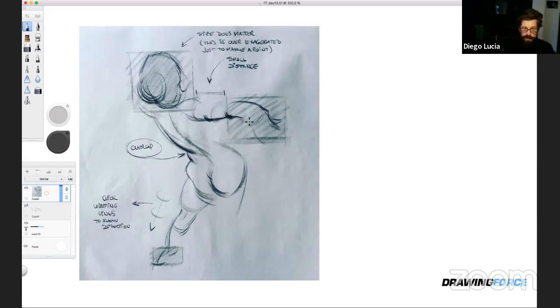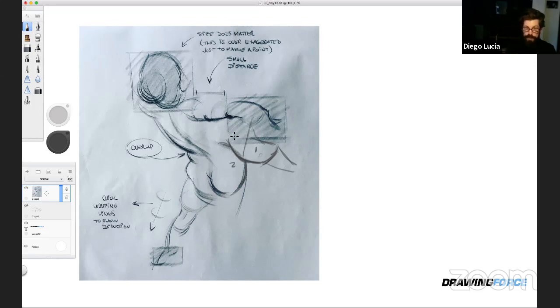For example, if I move this hand here and cover this rear end with the hand, that will make this drawing have more depth, because I'm creating an overlap and making it really clear that this hand is in front of this.